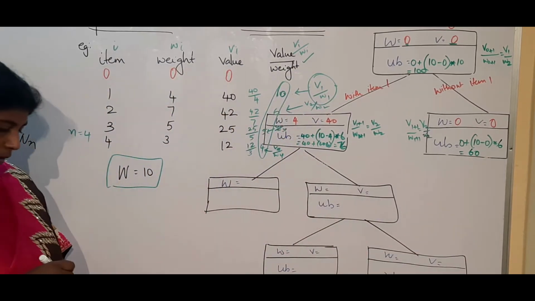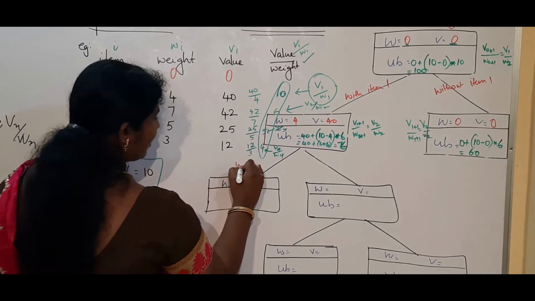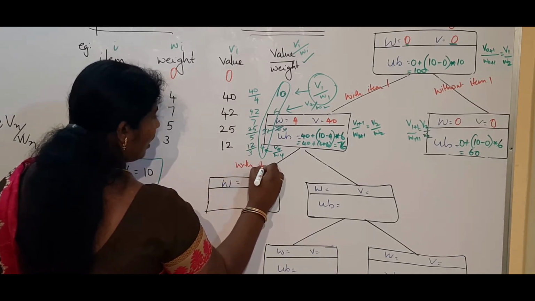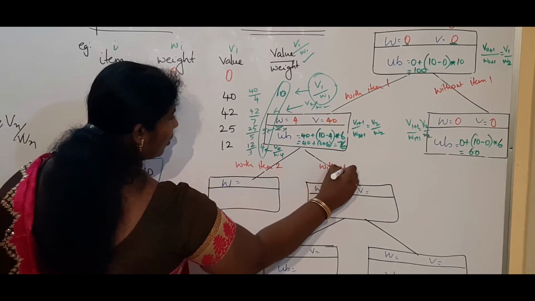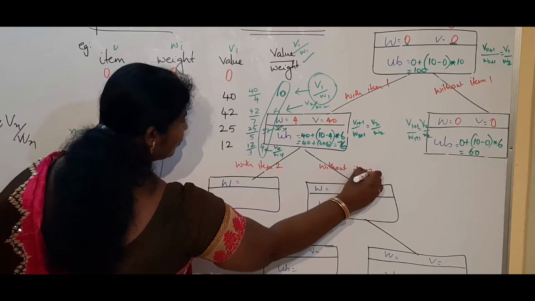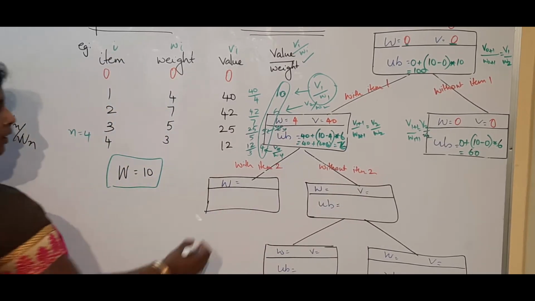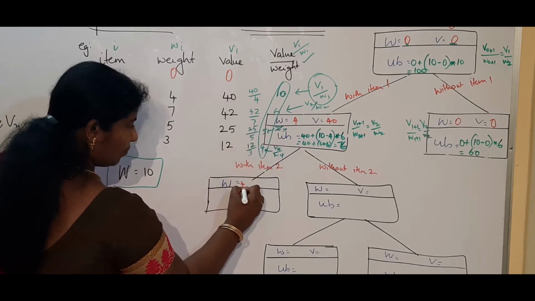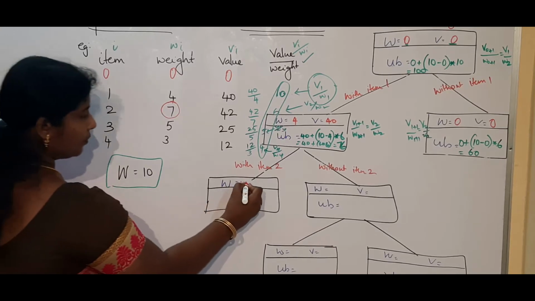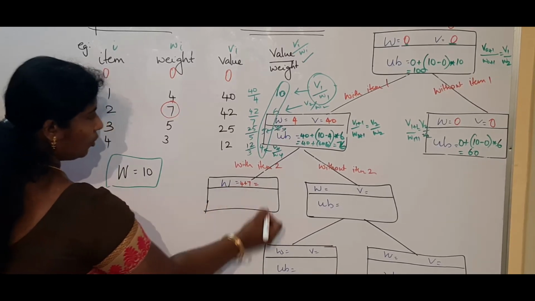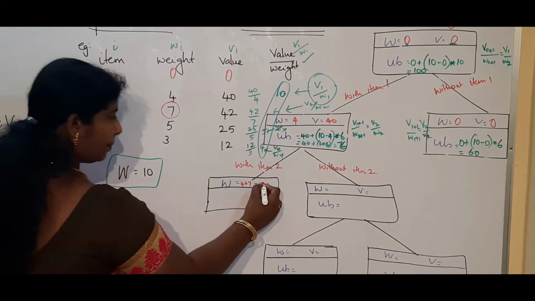As we go down, we will be adding the next item, with item 2 and without item 2. With item 2, we already have 4, and when we add this item 7, what would be the answer? It is going to be 11.